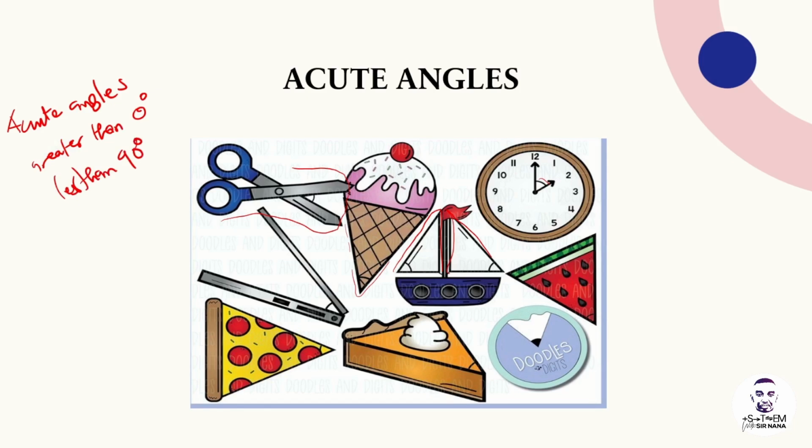So you could see that all these angles fall between angles that are greater than 0 degrees, but less than 90 degrees. When we talk about something that is acute, we are talking about something that is very small. For instance, if you have a 45-degree angle, a 30-degree angle, a 29-degree angle, or an 89-degree angle, these are all acute angles.